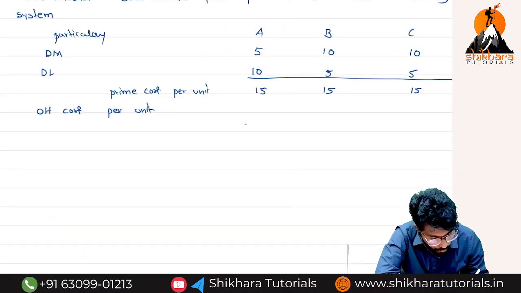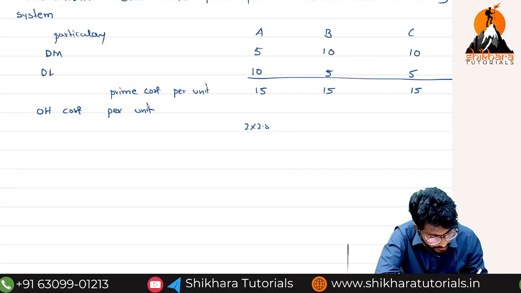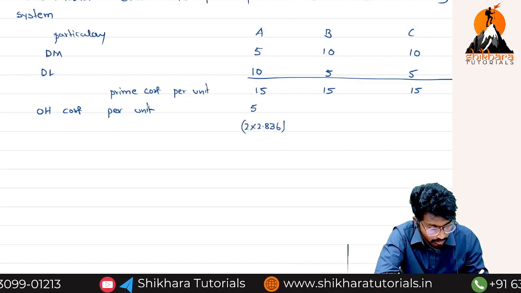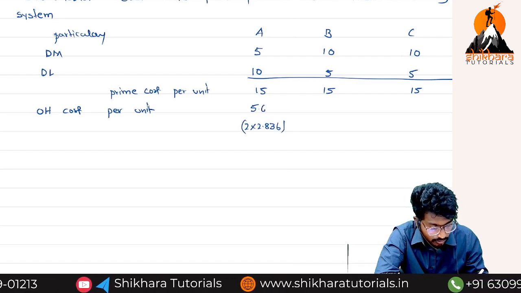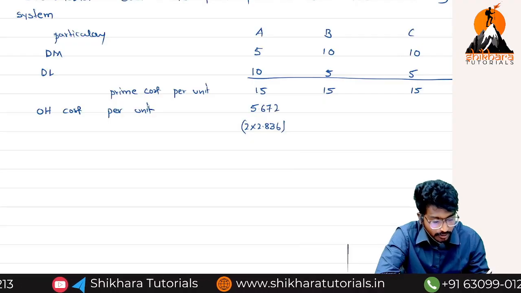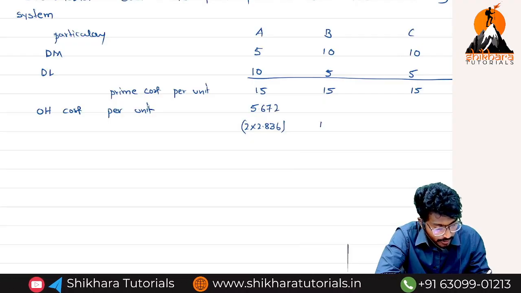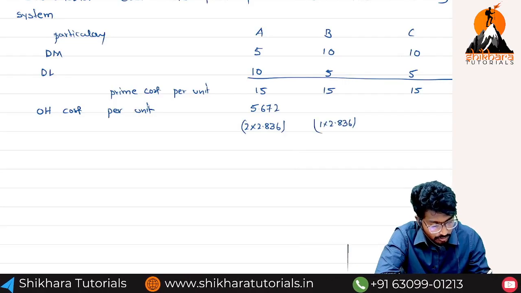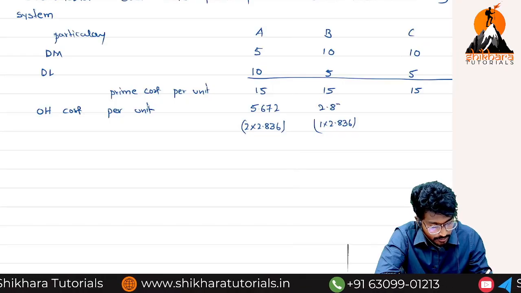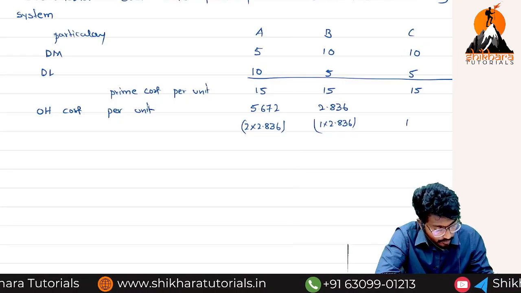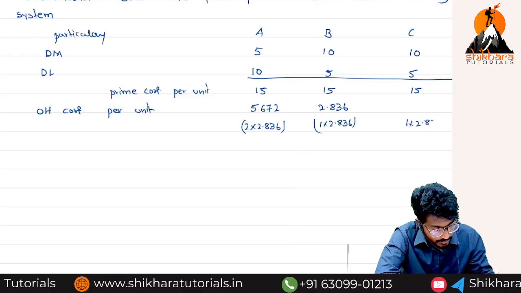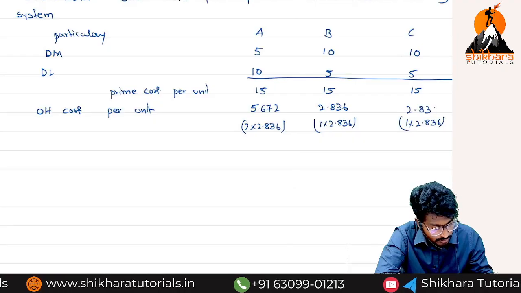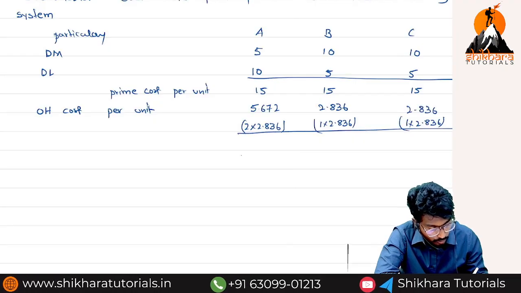Now 2 into 2.836 is 5.672. Next, for B it is 1 into 2.836, 2.836. Again 1 into 2.836 is 2.836.